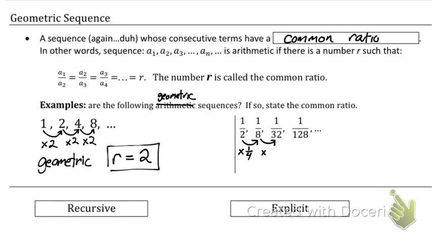If I multiply 1/8 by 1/4, I get 1/32. So this is also multiplying by 1/4. And I just have to check one more place. If I multiply 1/32 by 1/4, it equals 1/128. So this is also geometric. And our common ratio equals 1/4.